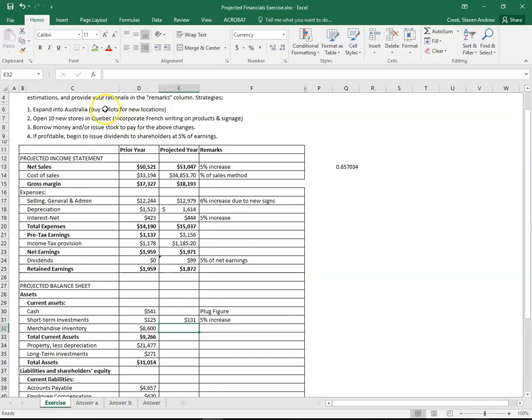We have some new stores here, and so maybe we see a 3% increase due to new stores. Merchandise will go up. Last year's inventory times 1.03.